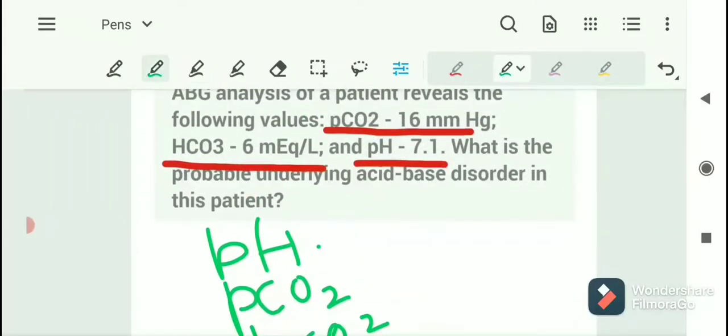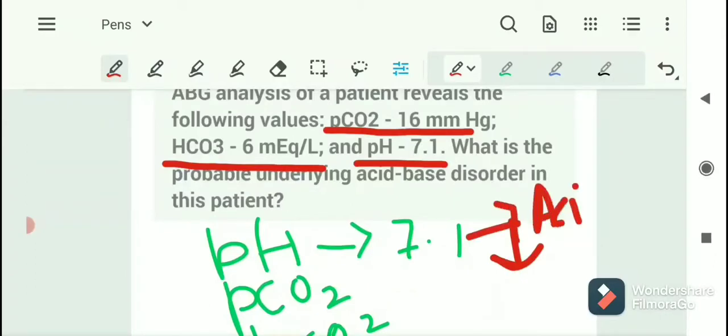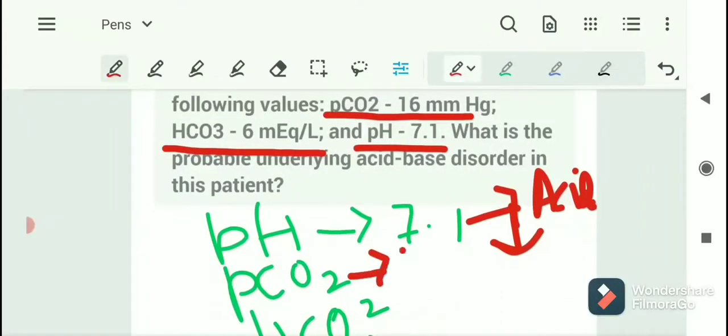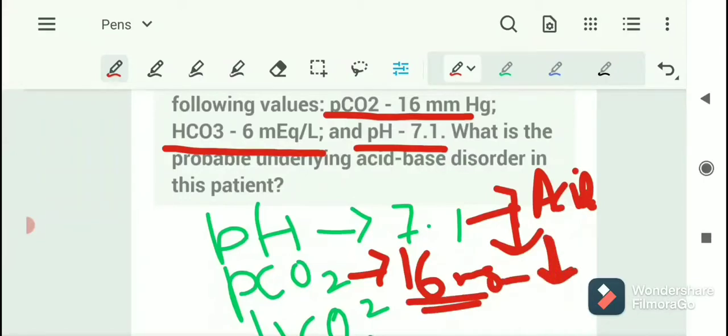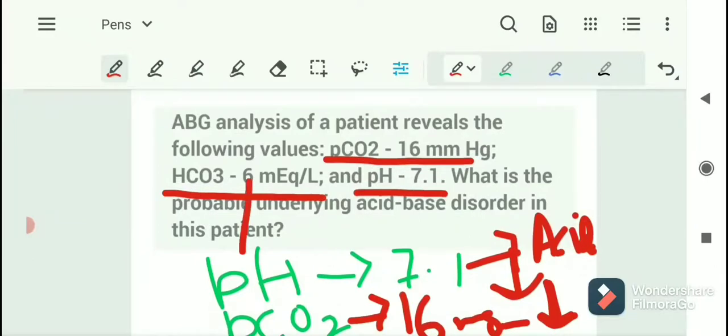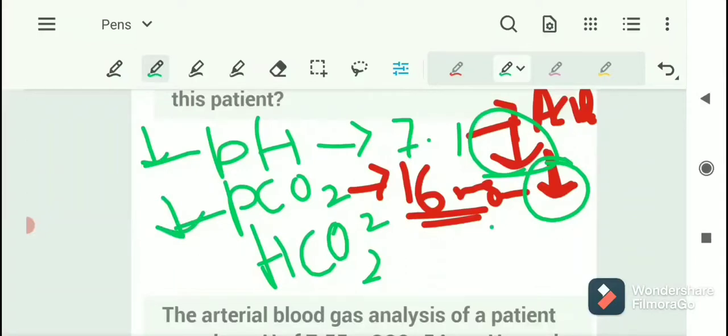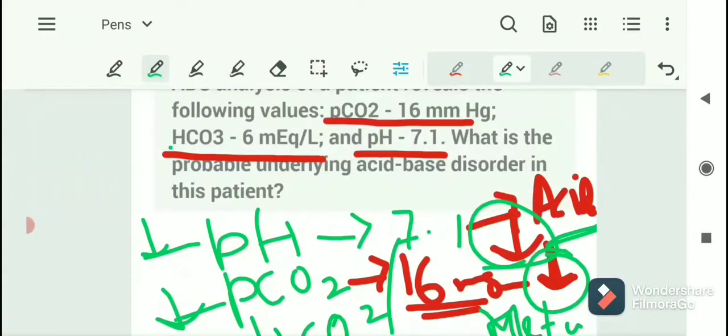Now pH is 7.1, that means it is decreased, that means it shows acidosis. Now PCO2 is 16 millimeter Hg, that means this is also decreased. Now if pH and PCO2 go in the same direction, that is both are decreasing, that means it is a metabolic disorder, that is it is metabolic acidosis.